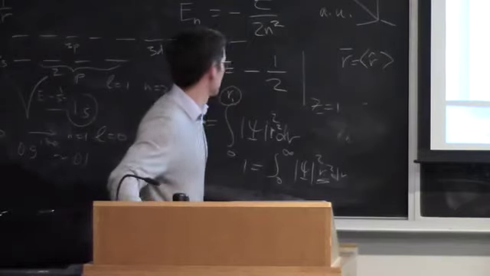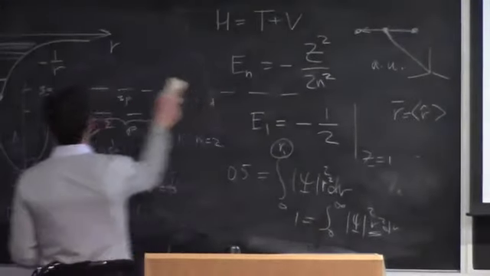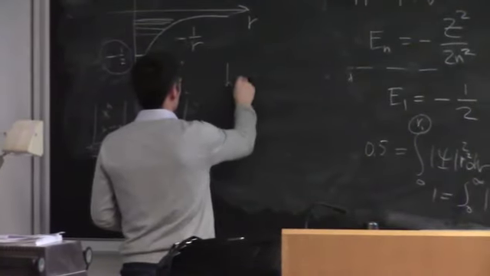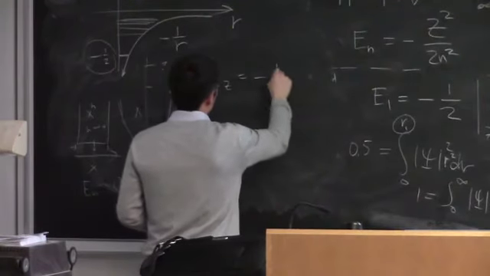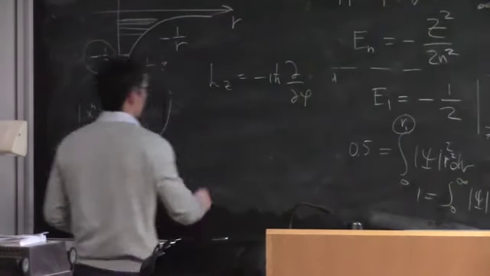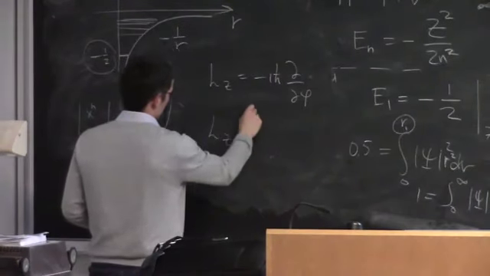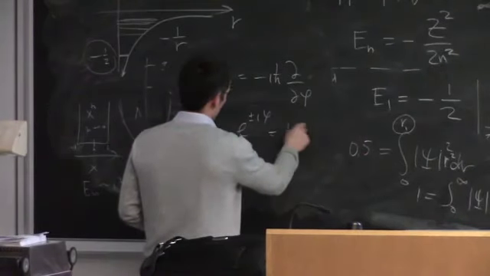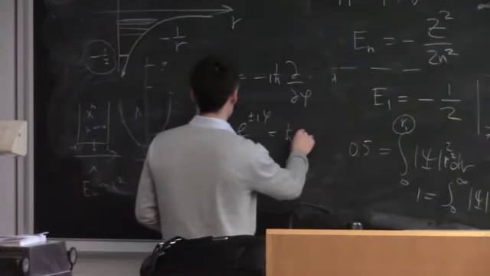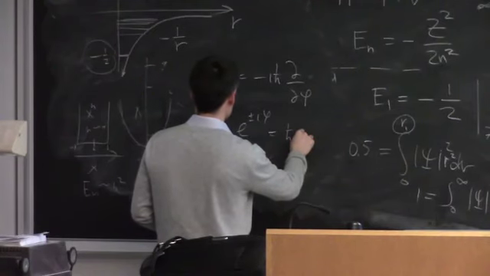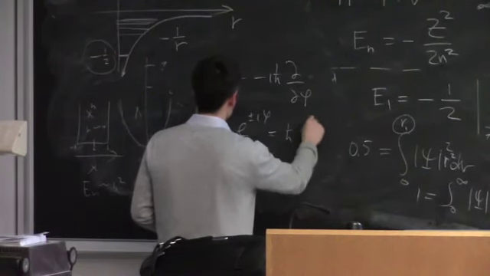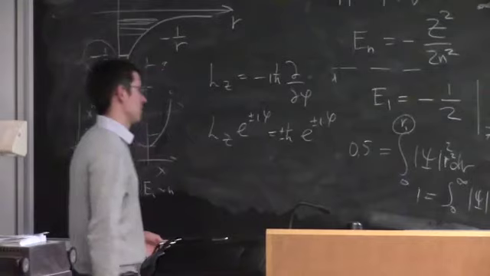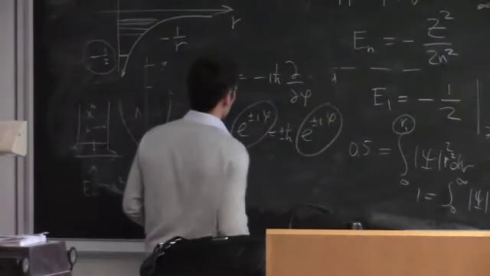Yeah, it's an Lz eigenfunction, because in spherical or polar coordinates, Lz is minus i h bar d over d phi, and if Lz acts on the exponent of plus minus i phi, you get h bar here, and then the exponent plus minus.